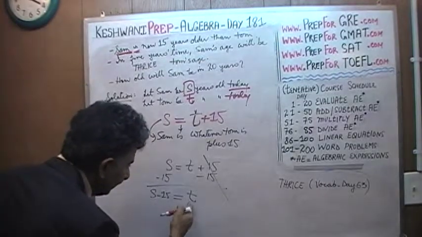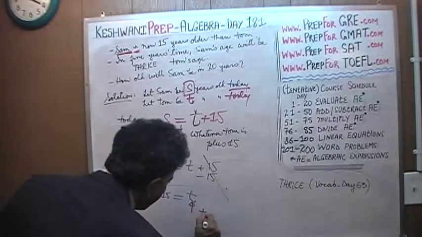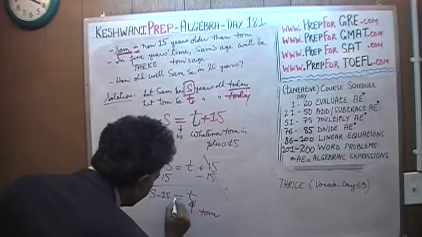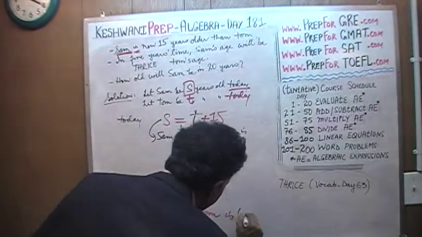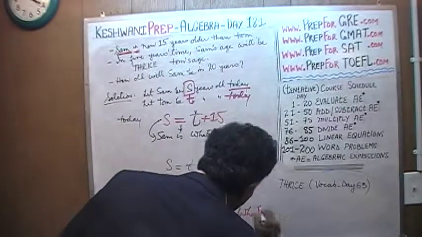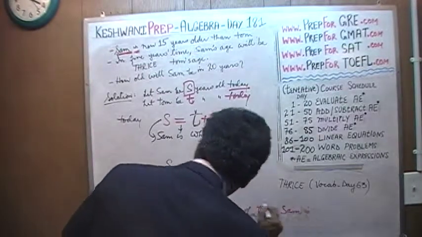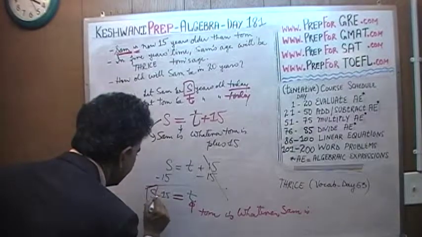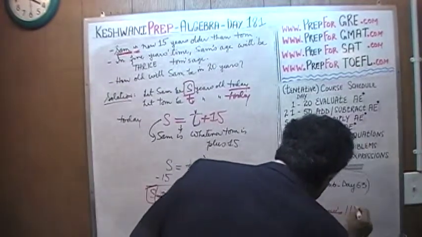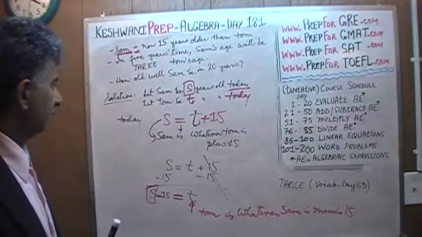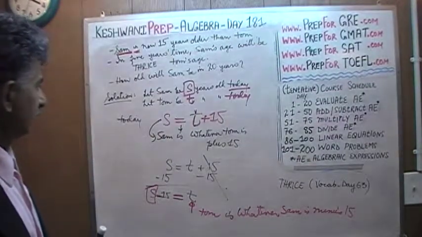What this says is T is Tom. Tom is whatever Sam is, which is this part here, S minus 15. In other words, there are two ways we could have written this thing.